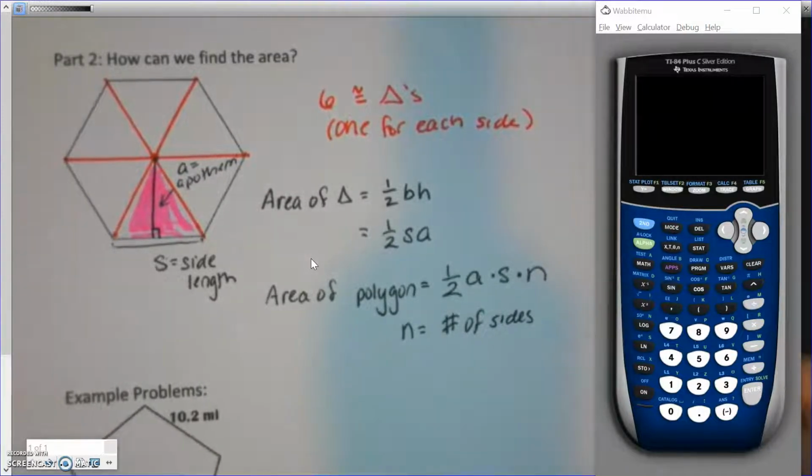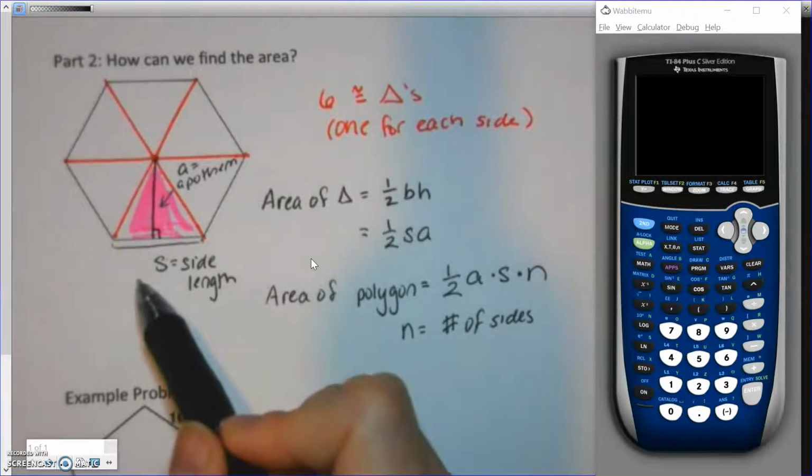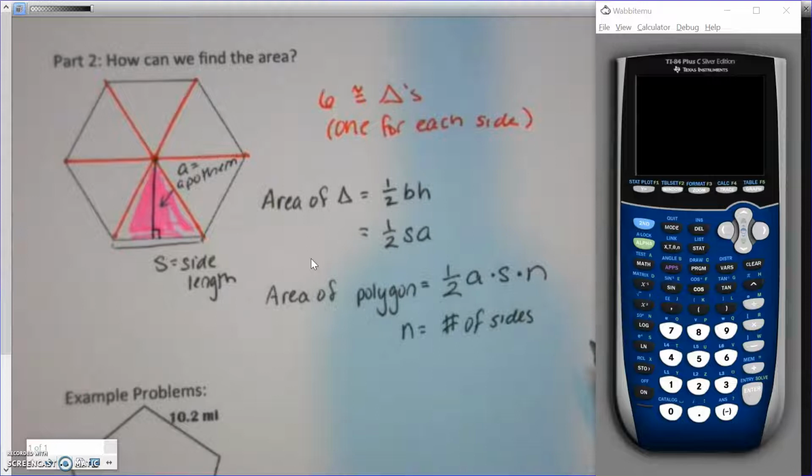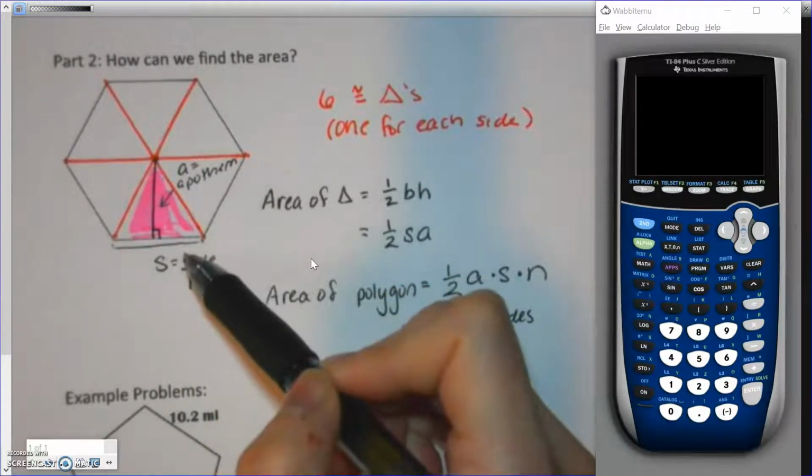And that's our formula. That would work if this had 3 sides or if this had 300 sides. This same formula will work because we're always going to be able to split it into these congruent triangles.